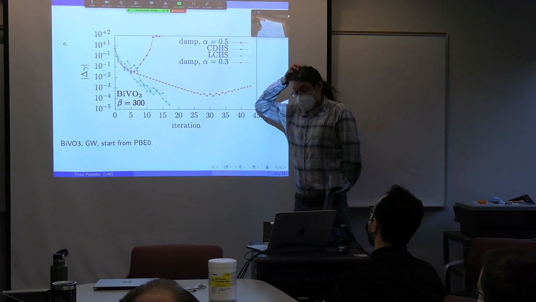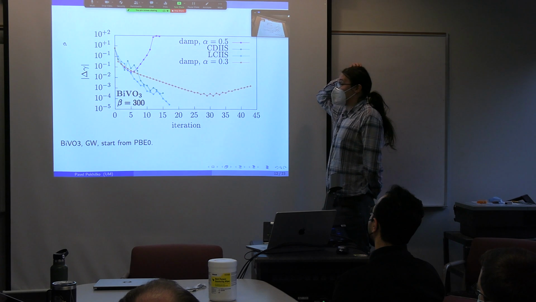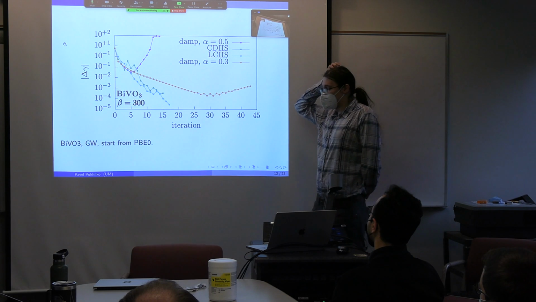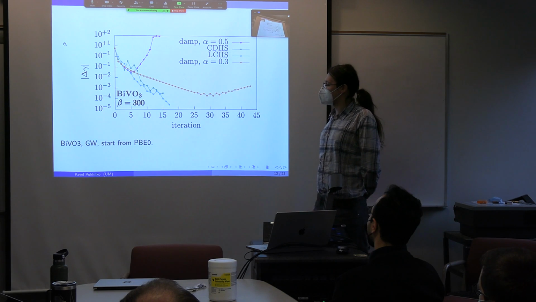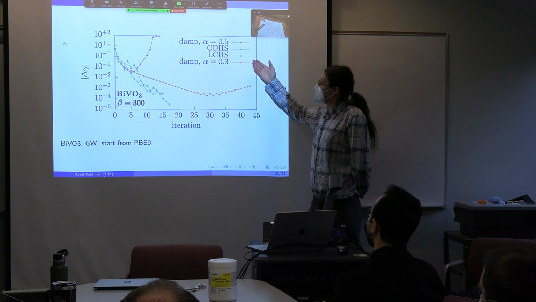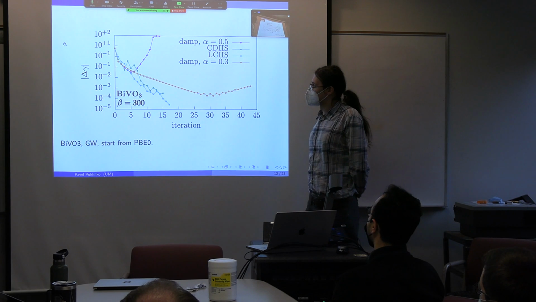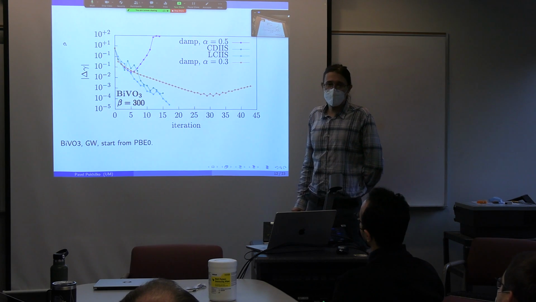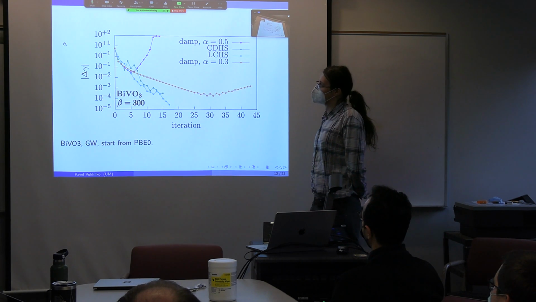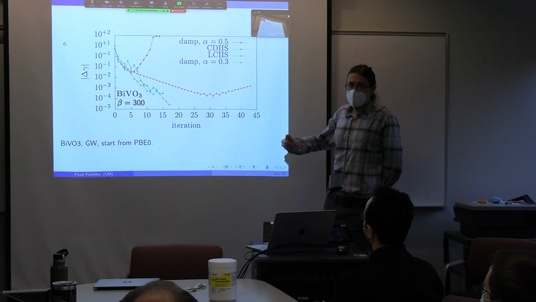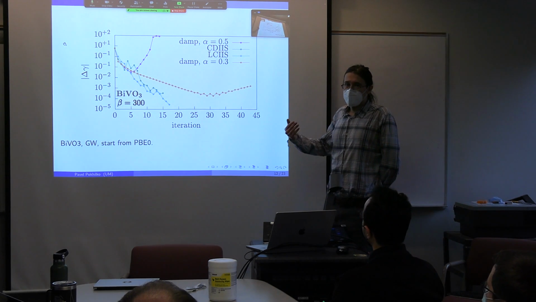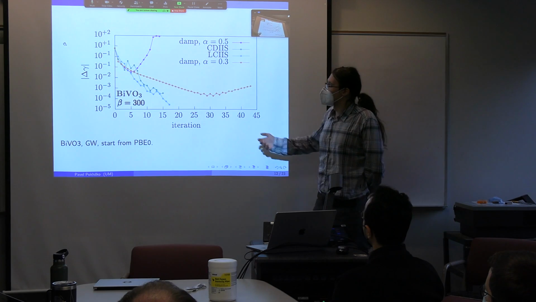Since many people are interested in solids here, these are some results for one of the solids that Young Bin shared with me. And so I can run whatever algorithms I have. The iteration starts from a DIIS, DB0, and then you can see an interesting picture: if you use Denton, it may lead to some illusion of convergence, right?